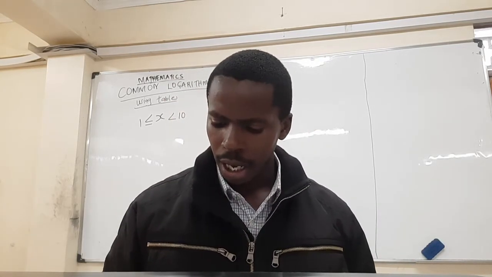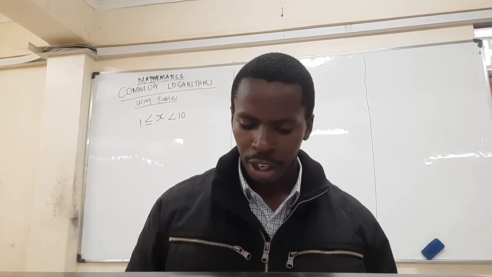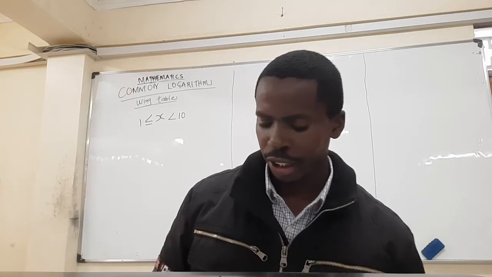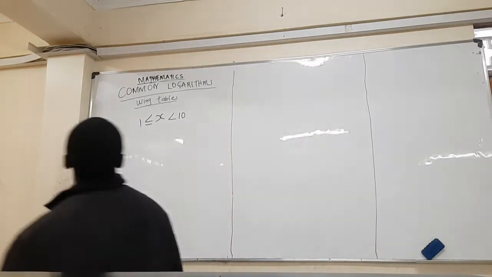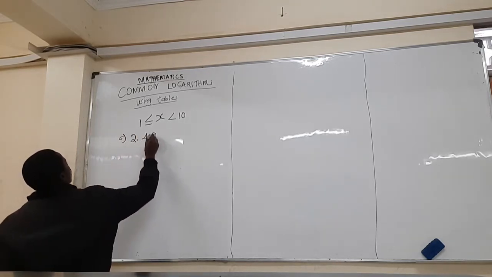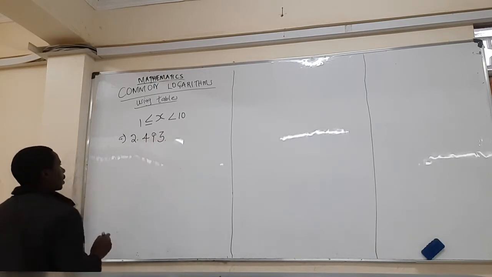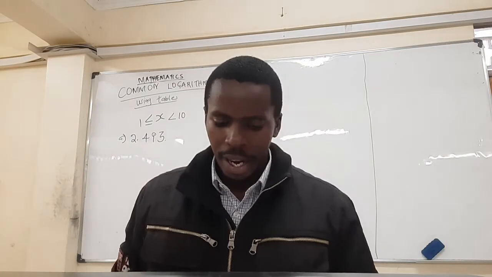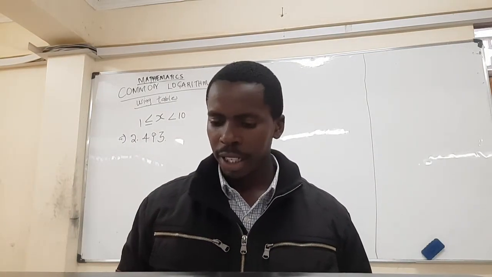Example 1: we want to get the logarithm of 2.943. This is going to come directly from our table.